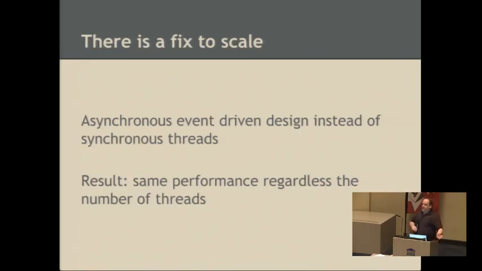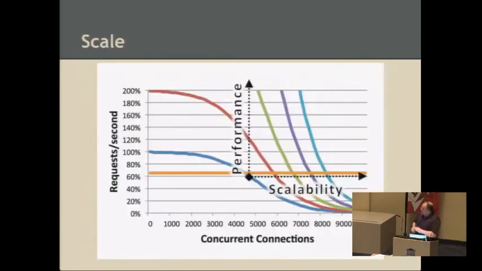So instead of creating one thread per connection, we have one thread per core on the CPU, and then we handle all the connections with that small set of threads. And the result is the same amount of performance regardless of the number of connections. And that's the orange line here. You have an asynchronous server. It may not be as fast over on the left-hand side with only a few connections to the server, but it doesn't slow down as you get more connections.